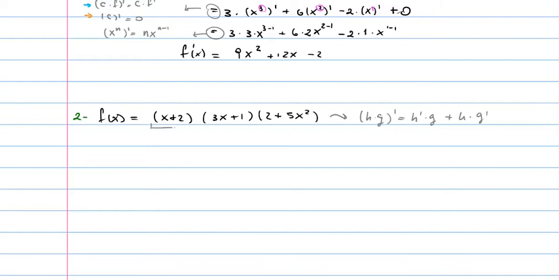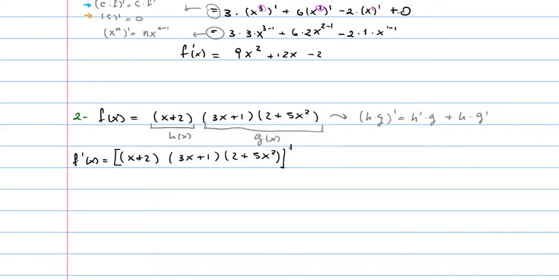So here what we can do is just say, okay, I'm gonna call this function h and this product g. So then f prime of x is going to be, well, the derivative of this.